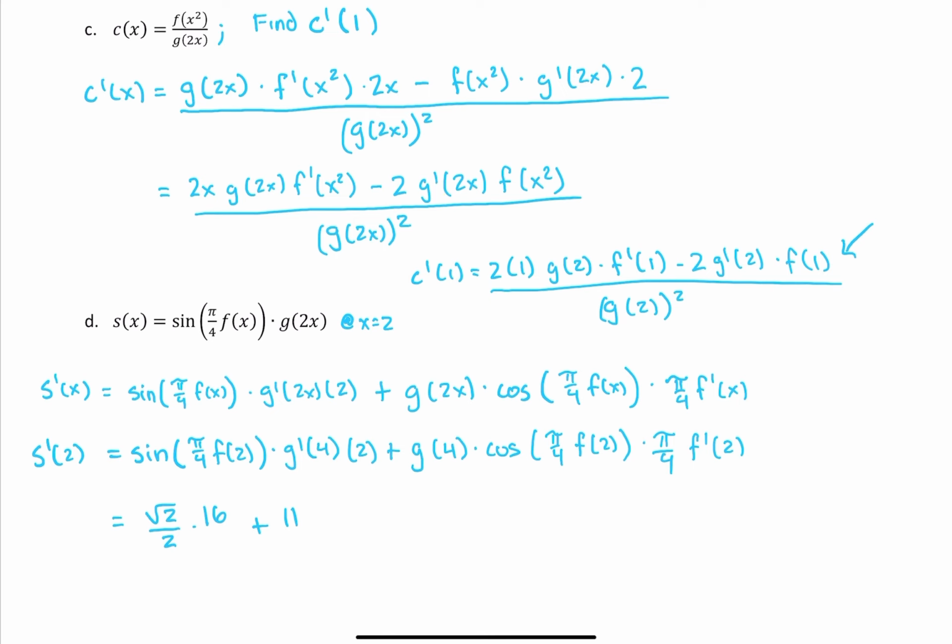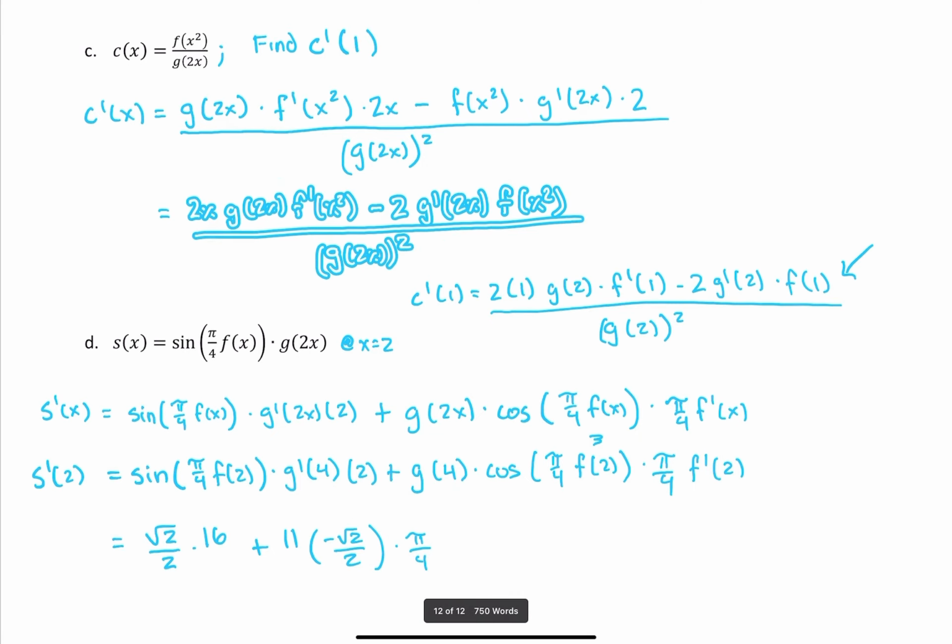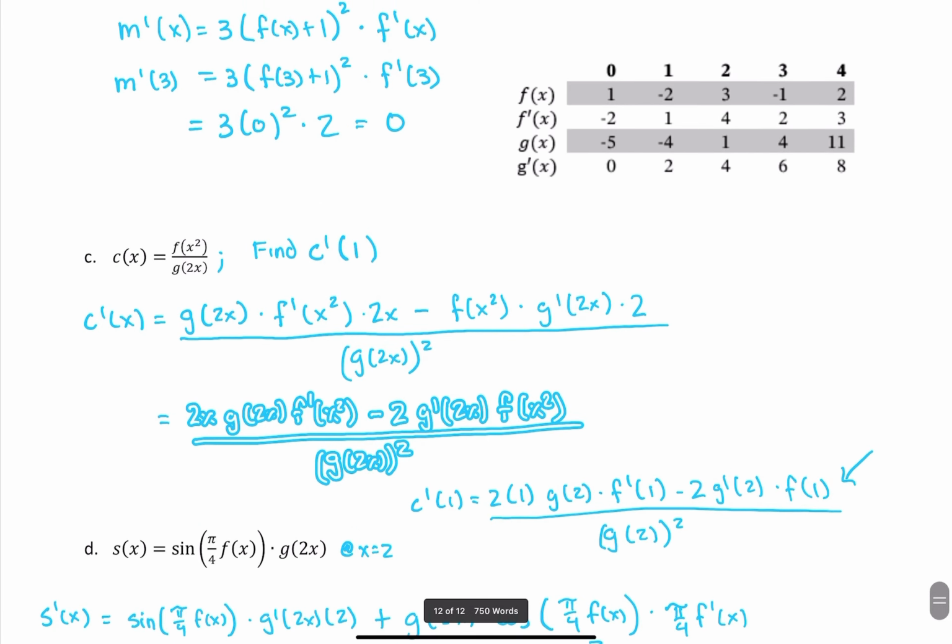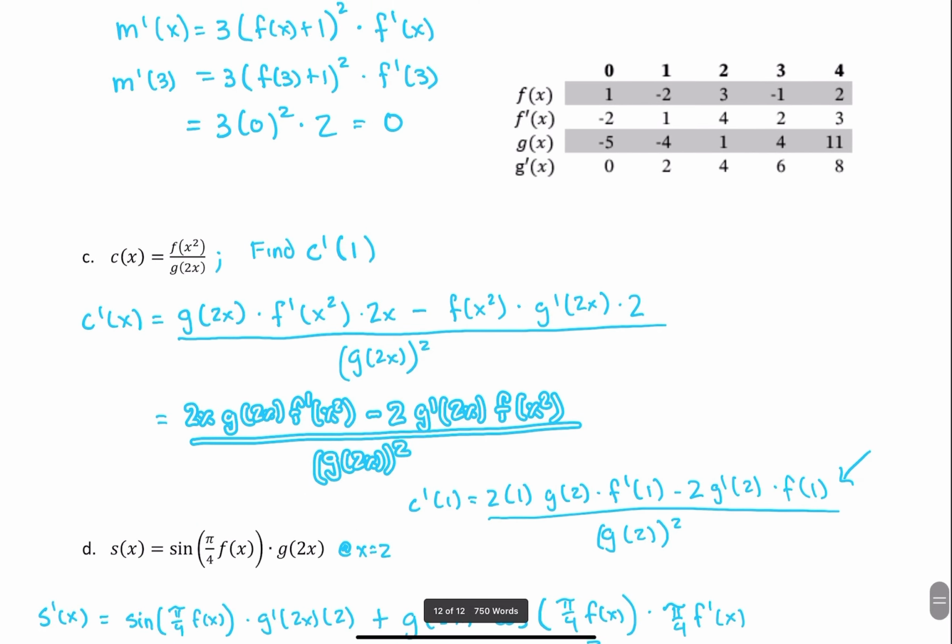All right, so g of 4 is 11, and f of 2 is 3. So we're really doing the cosine of 3 pi over 4, which is negative square root 2 divided by 2. And then we have times pi over 4. And then f prime of 2 is 4.